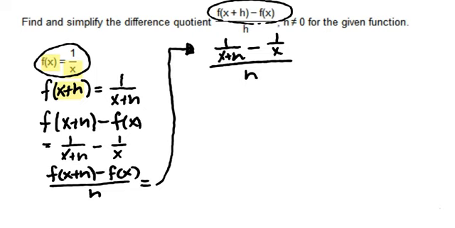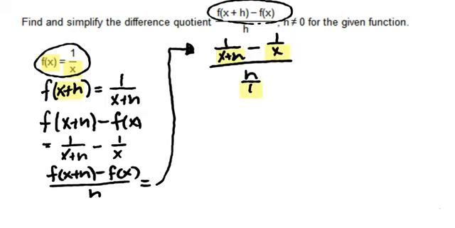And to simplify this, we're going to use something called clearing fractions. When you use clearing fractions, you look for the least common multiple of the denominators of your smaller fractions. So I'm going to write h as h over 1, and we're looking for the least common multiple of these denominators.